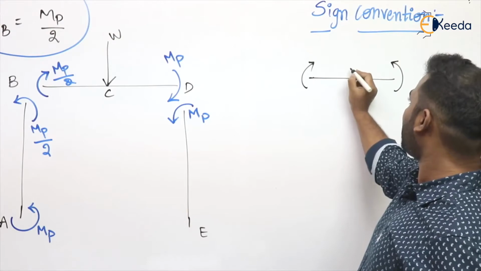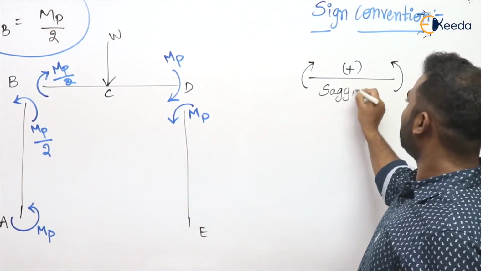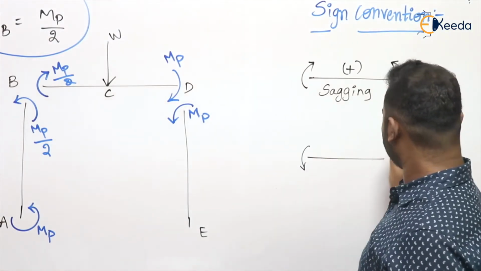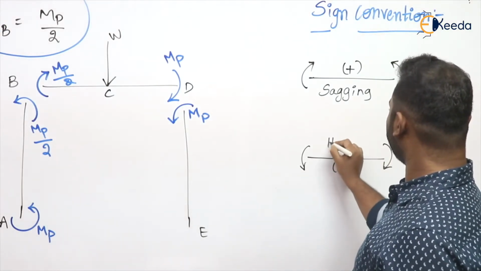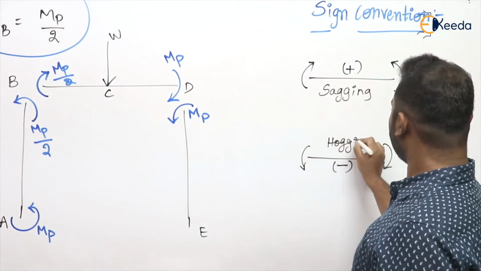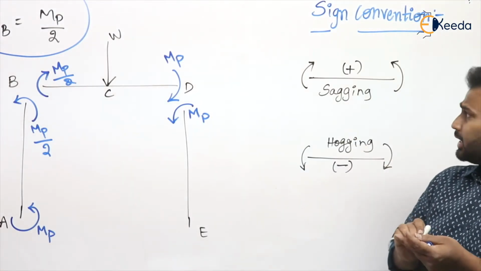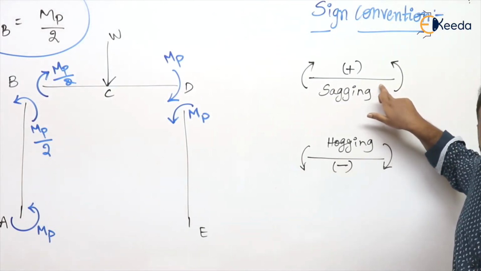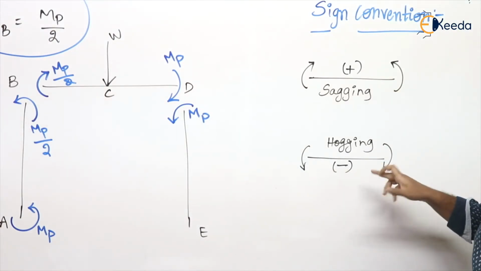So this is positive, meaning sagging. This is negative, hogging. As I said, it is very simple. Here this particular bending moment is positive, meaning it is going to sag the structure. And here these particular moments are going to hog the structure.